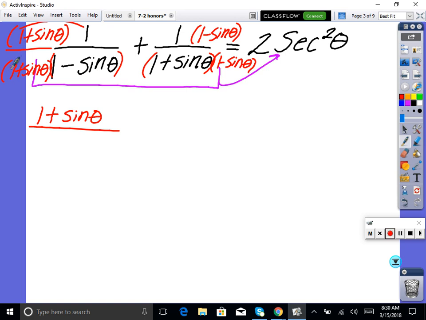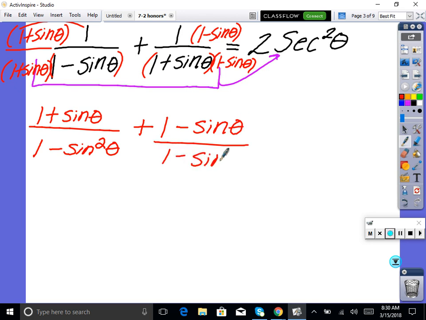So if we multiply this out, we're going to get 1 minus sine squared theta. Does everybody see why? Then right here, we're going to multiply this out. It's a plus sign, luckily, because here's where a lot of people mess up, usually, is if that's a negative, they don't distribute it through, but it's plus. So we have plus 1 minus sine of theta, and then the denominator is 1 minus sine squared theta.